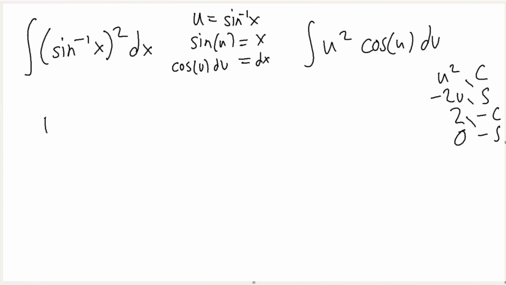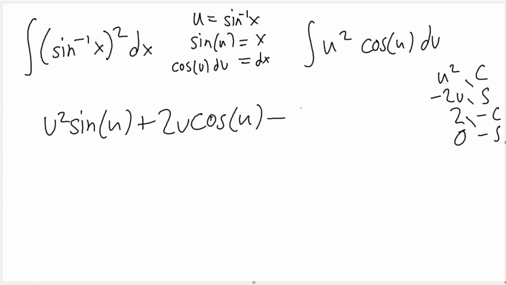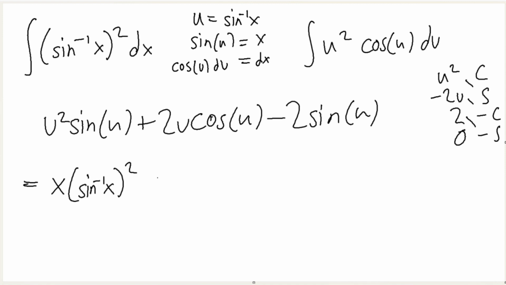Okay, so now this is just u squared sine of u plus 2u cosine of u minus 2 sine of u. Right? And then again, sine of u is x, and then u was inverse sine. So this is equal to x times inverse sine of x squared plus 2.